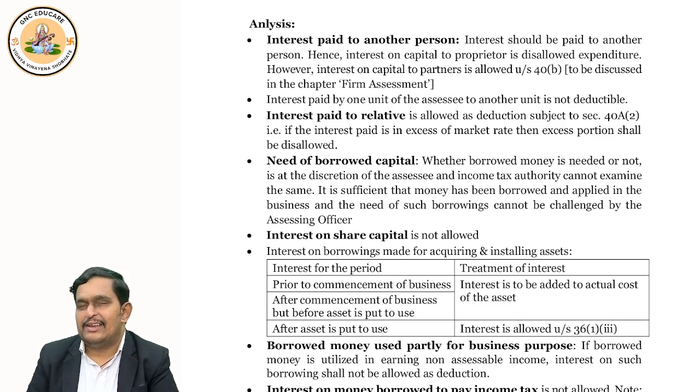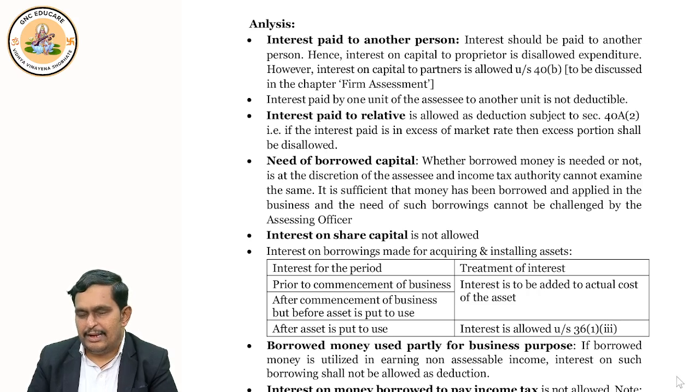So that's why it is not an income. Neither is it an expenditure for the organization. Okay, so can such interest be claimed as deduction? The answer is no. Can such interest earned by a department be shown as income under other sources? The answer is no. Okay, this way you should be able to remember.